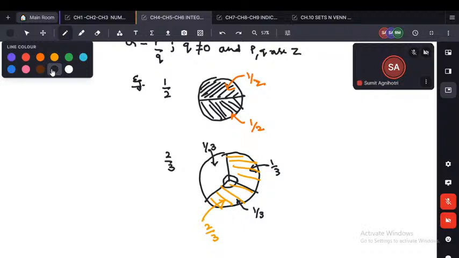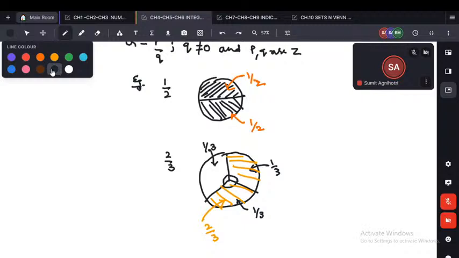And here if you join them all, then each region represents 1/5, because there are 5 equal portions. Each region, total 5 regions. If each region represents 1/5, then 5 regions represent 1.